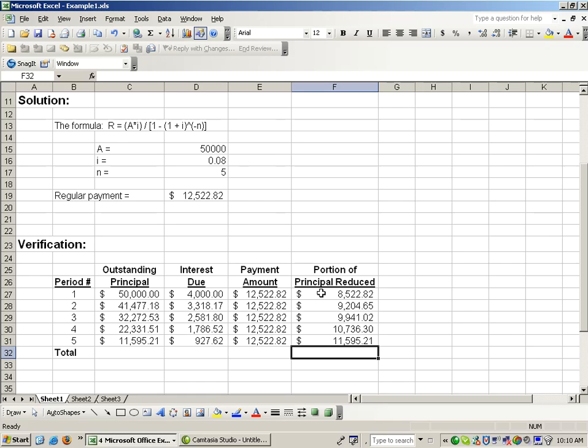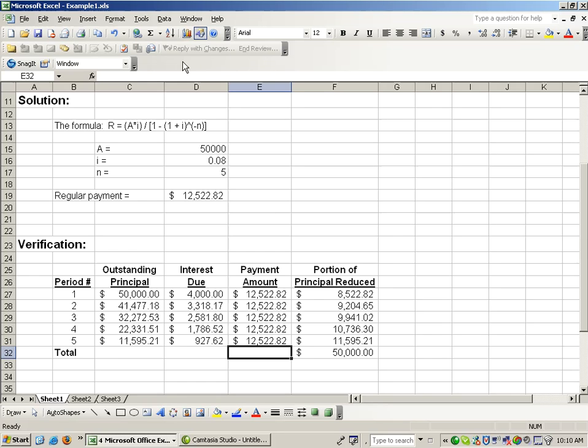Let's check one other thing. Let's find the total of this column. $50,000. Okay, so a principal of $50,000 was paid. Okay. Now let's look at one other thing. How much was really paid?